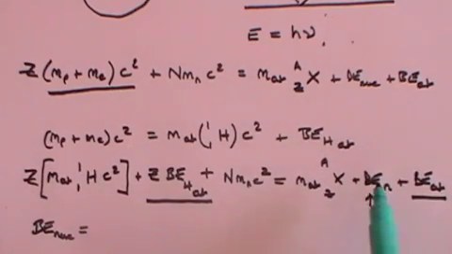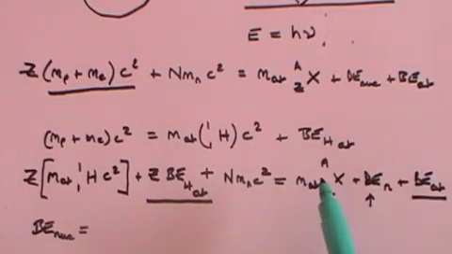When you bring this term over to this side, because you want binding energy alone on this side, you're going to get Z times the binding energy of a hydrogen atom minus the binding energy of this atomic atom X. The difference of two very small binding energies is going to be very, very small.